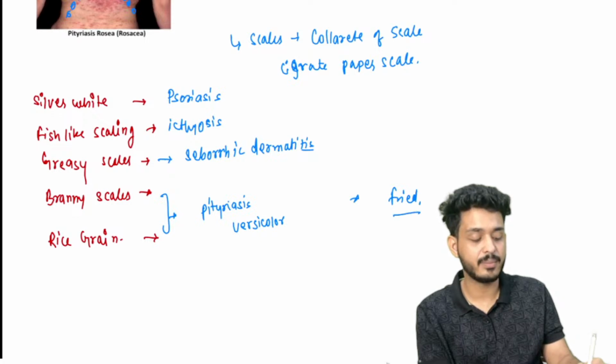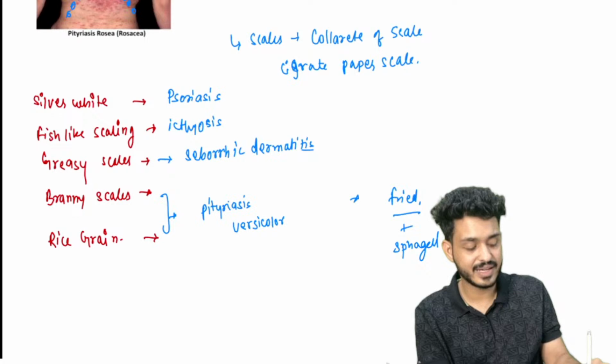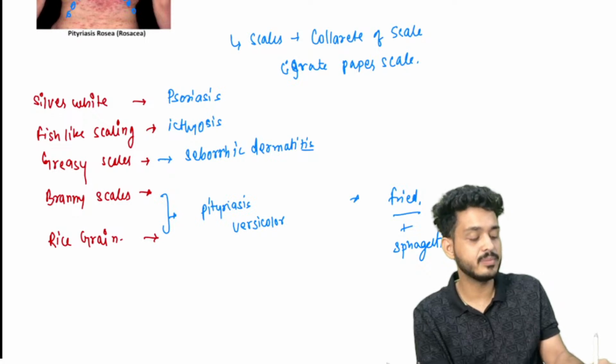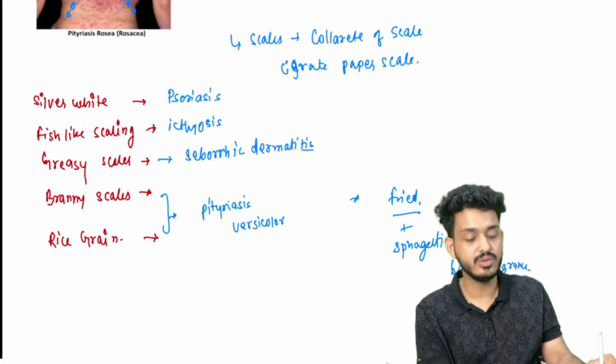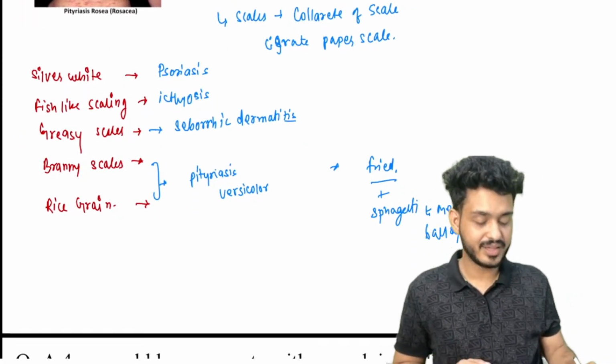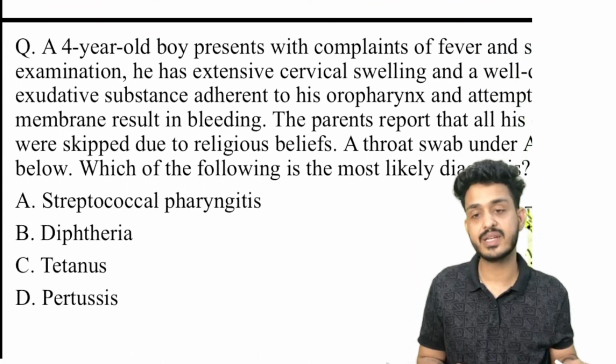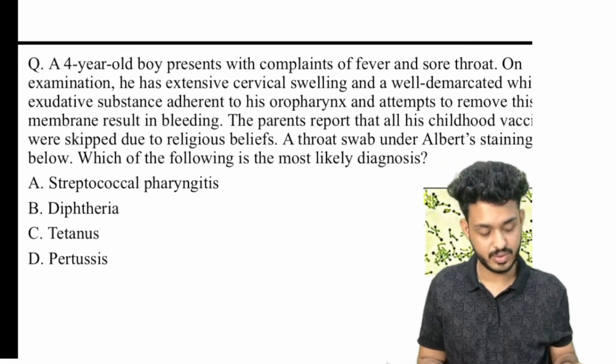Apart from that, you will be finding spaghetti and meatball appearance. These are the important things that you have to remember. And the treatment: we can give azoles, we can give selenium sulfide also.